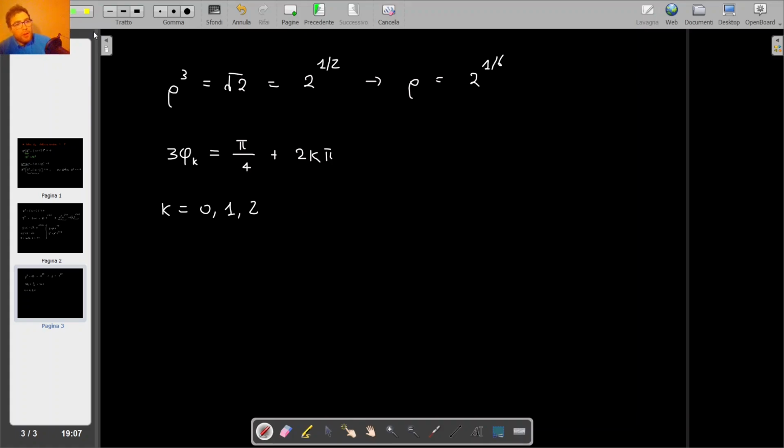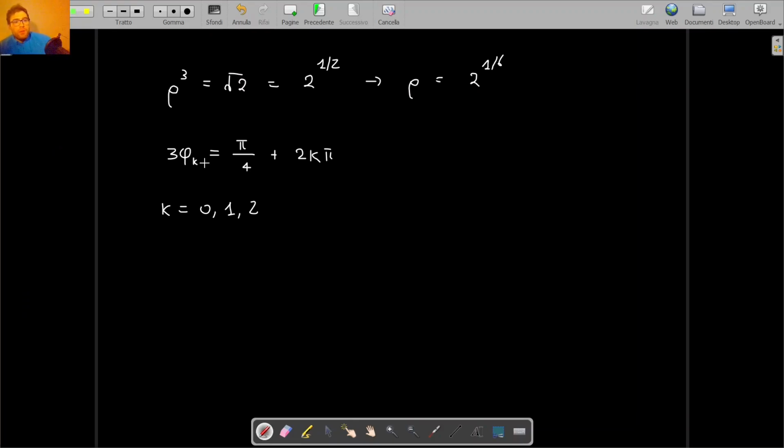So I can write that phi is equal to pi over 12 plus 2k pi over 3, again with k ranging from 0 to 2.